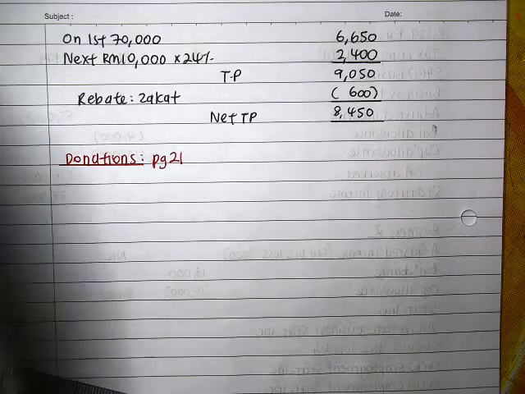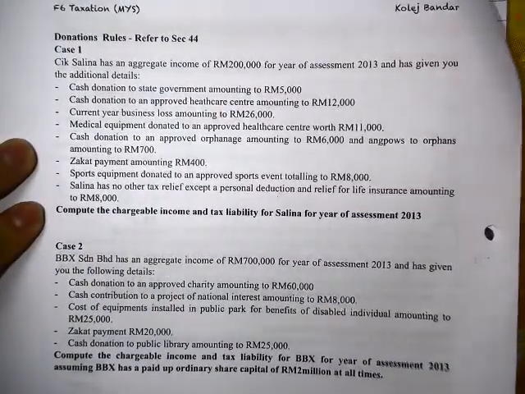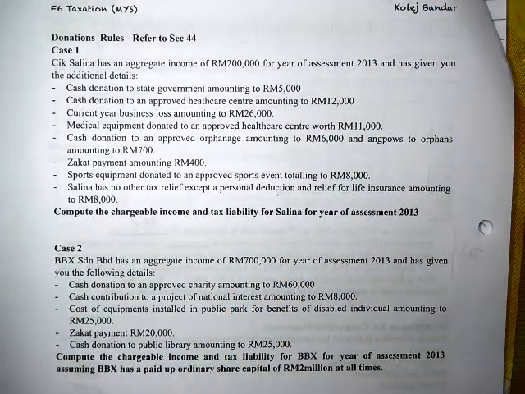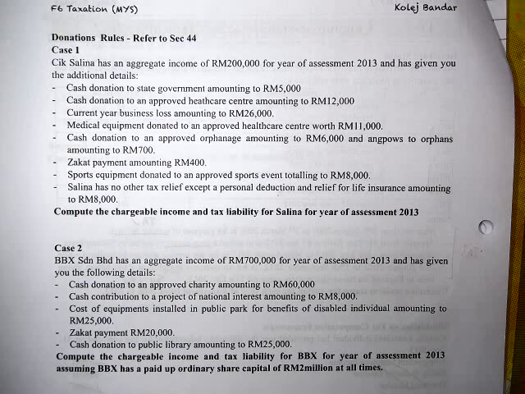Now we're going to start with one example here in 330. Okay, look at case 1. It says that Cik Salina has an aggregate income of 200,000 for year of assessment 2013 and has given you additional details.